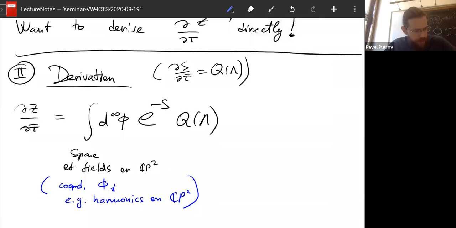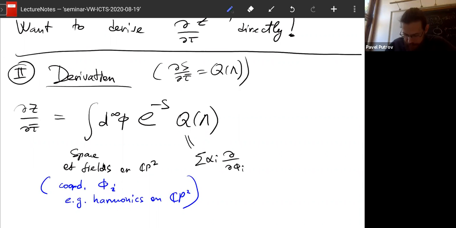And Q is some linear operator which acts on your field, so it can be realized in this space as a certain derivation of some general form like this, and essentially alpha I determines the result of Q on the phi I.